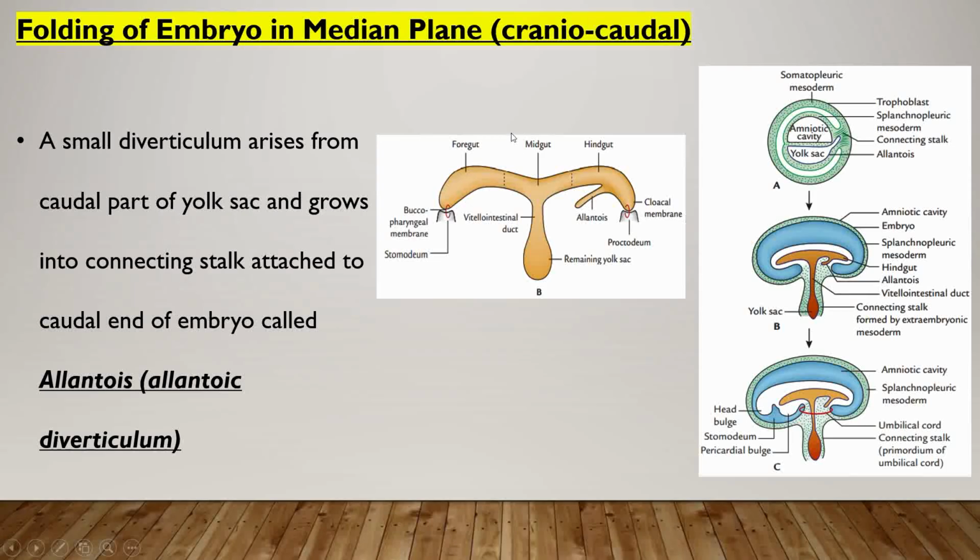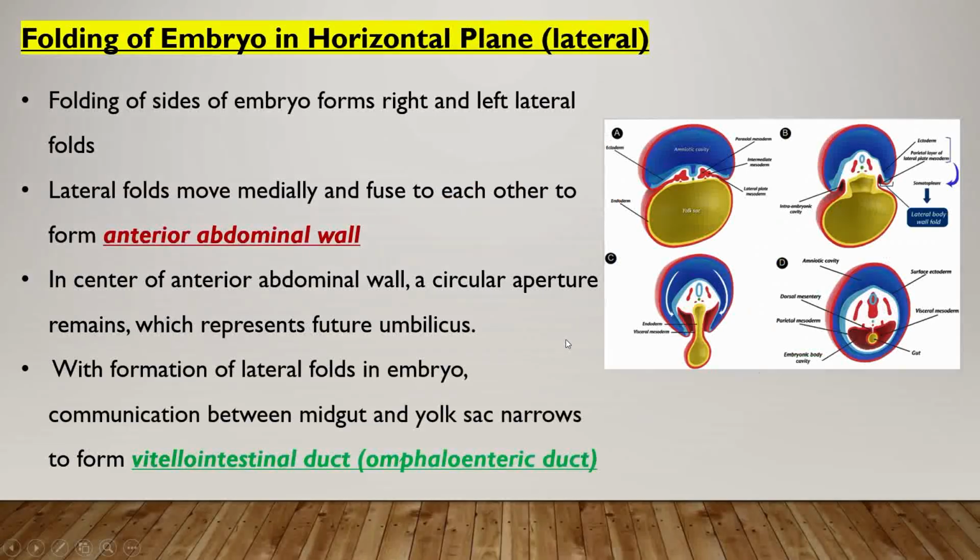With the folding of the embryo, as I have already told you, this is the vitellointestinal duct or yolk stalk, and there is another small diverticulum arising from the caudal part of the yolk sac. It is going to grow into the connecting stalk attached to the caudal end of the embryo. It is known as the allantois or allantoic diverticulum. So this is the folding of the embryo in the median plane.